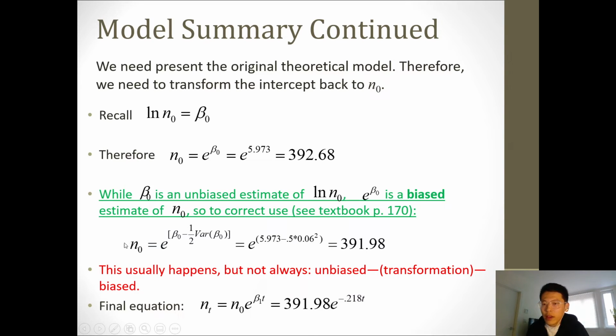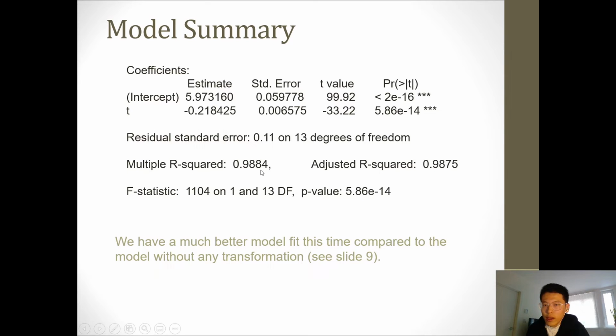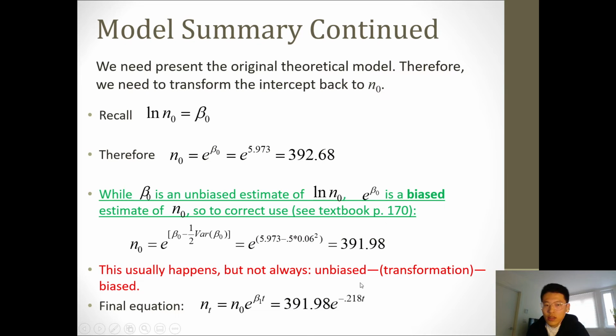So our estimate of n0 based on the log of n0 is 391.98, and we put it here. Our beta 1 estimate is negative 0.218, so we put it here. This is our beta 1 itself. So here we get the estimated model. This is the final equation for the theoretical model.